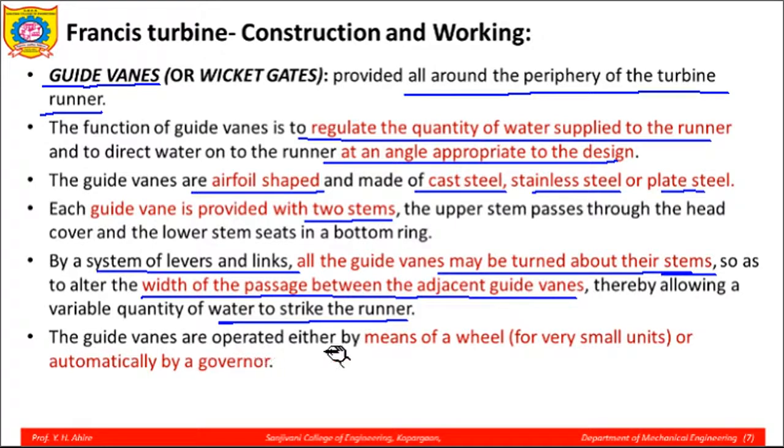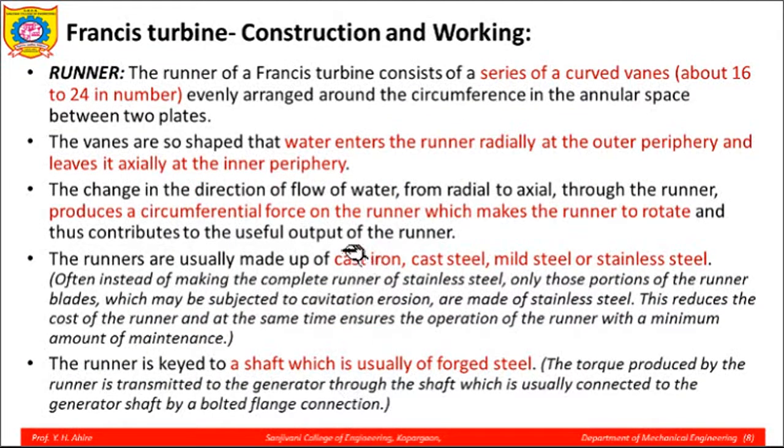So guide vanes are either operated by means of a wheel or they can be operated automatically by a governor, which would change the orientation of the guide vanes. Next is the runner.